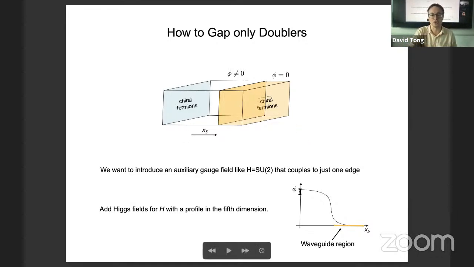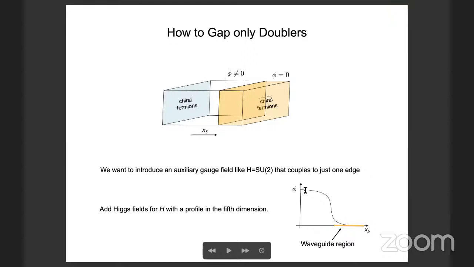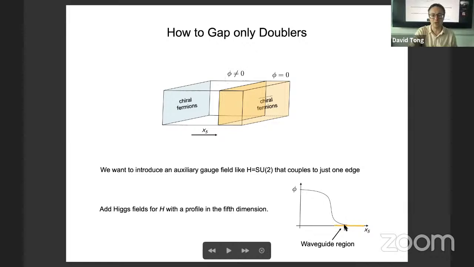The Higgs field is non-zero in this region, and then at some point it dips to zero here, which means that you're left with some slab near the right-hand edge where there's an effectively four-dimensional SU(2) gauge field propagating. And following some work in the lattice literature by Golterman and company, I'm going to call this the waveguide region. So there's some SU(2) gauge field which just propagates along one edge.